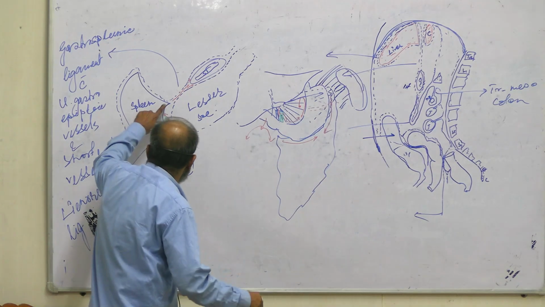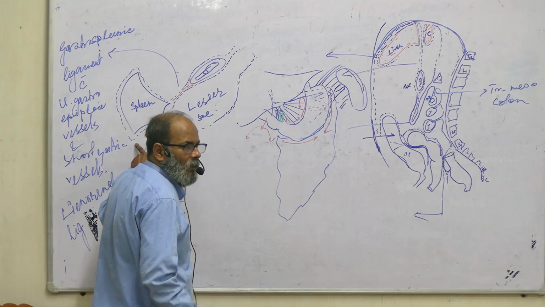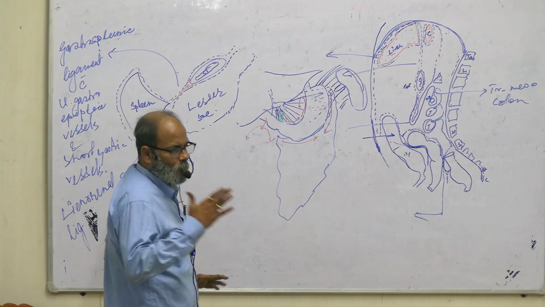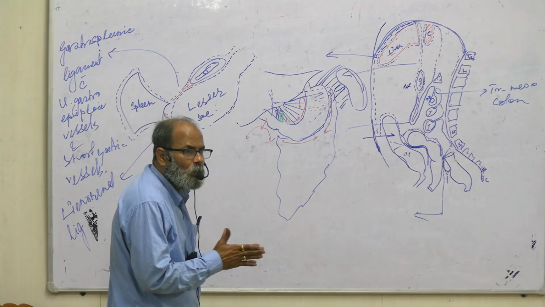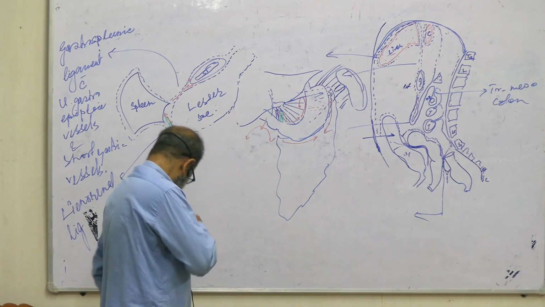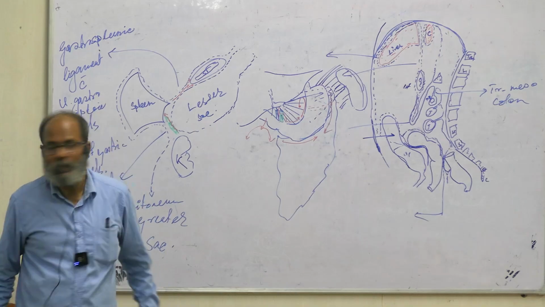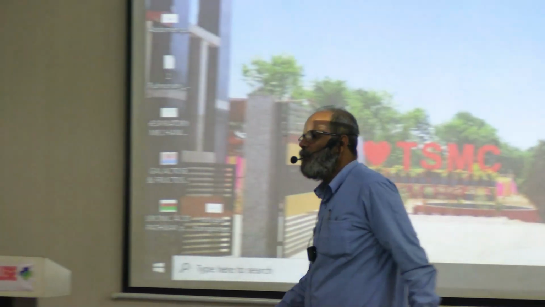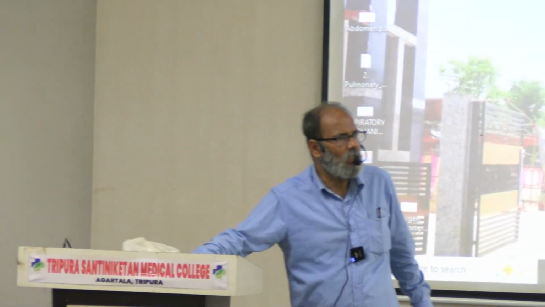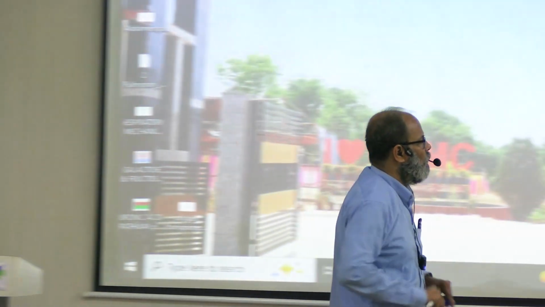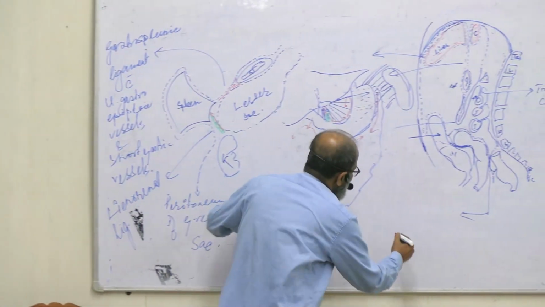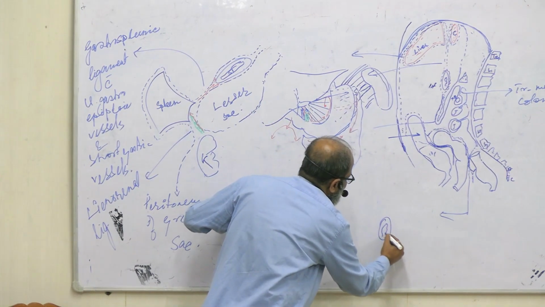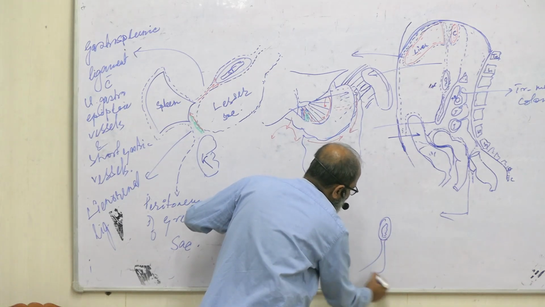Now, after embracing the spleen, note that the spleen develops in the left wall of the dorsal mesogastrium, and the liver develops within the ventral mesogastrium. If this is the gut or the stomach, this is the dorsal mesogastrium.